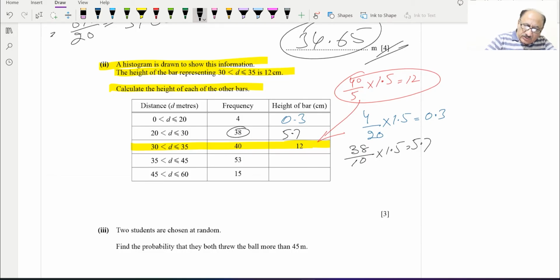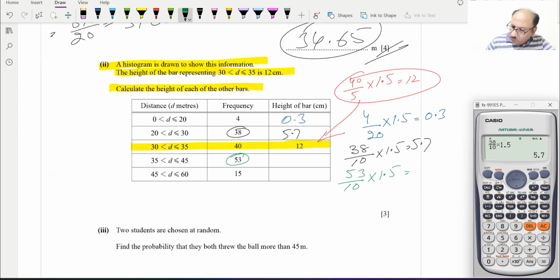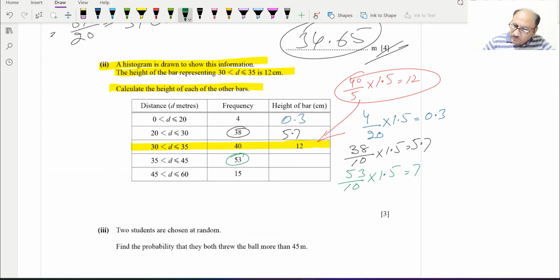And the next calculation we can make is for 53. So 53 divided by class width, which is 45 minus 35, that is 10, into 1.5, and this is equal to 7.95. 7.95 will be over here.